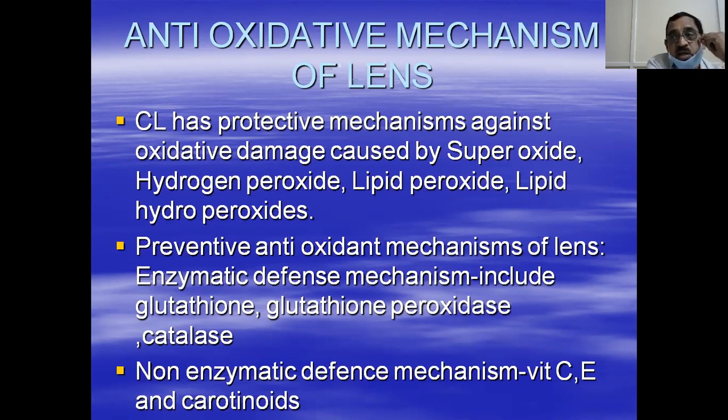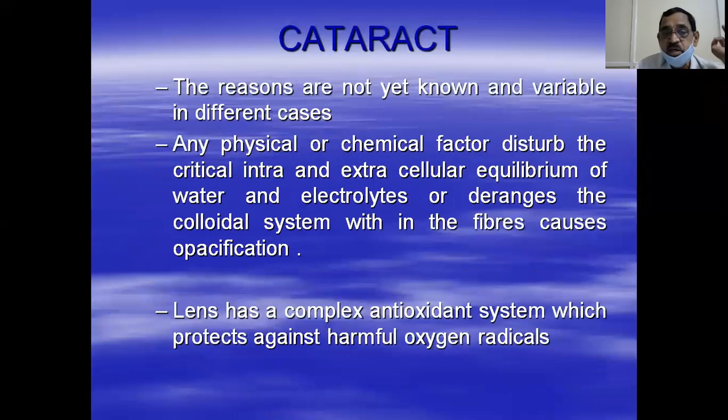There are certain preventive antioxidant mechanisms of the lens, one is an enzymatic defense mechanism, and another is a non-enzymatic defense mechanism. The enzymatic defense mechanism includes glutathione peroxidase and catalase. The non-enzymatic defense mechanism includes vitamin C, vitamin E, and carotenoids.